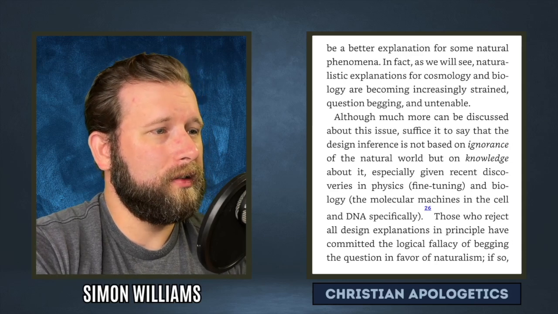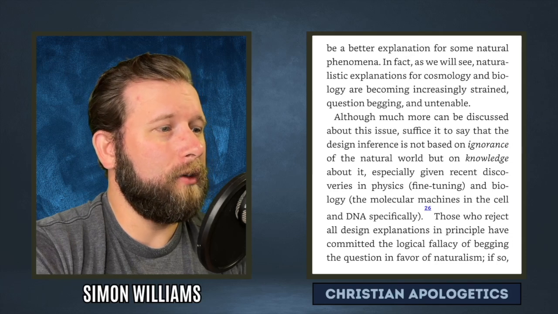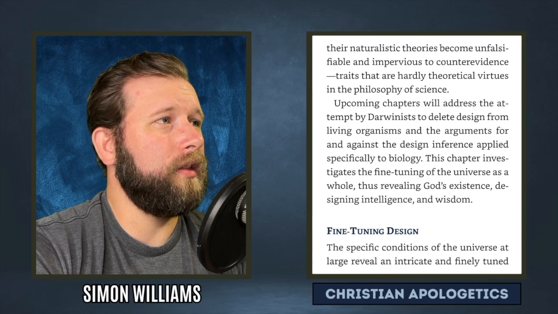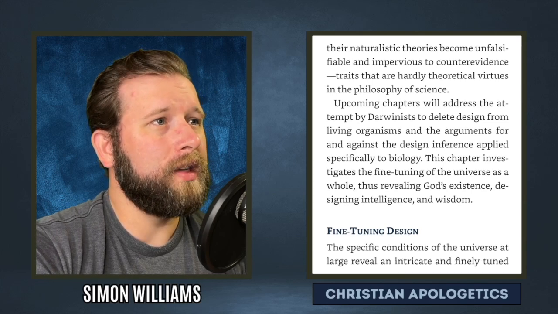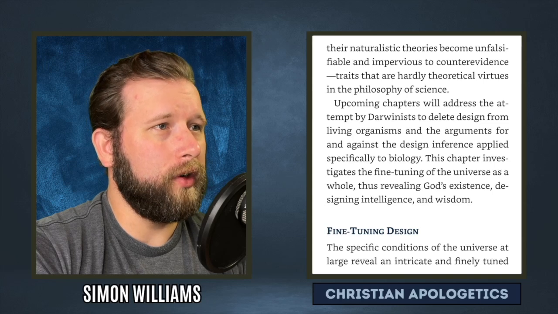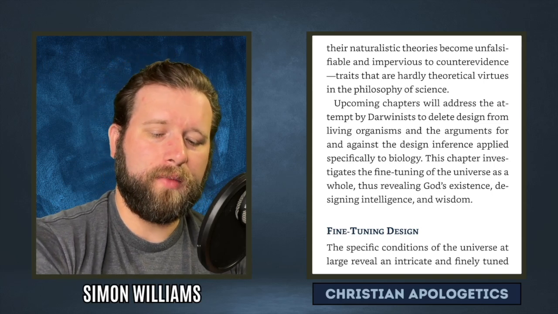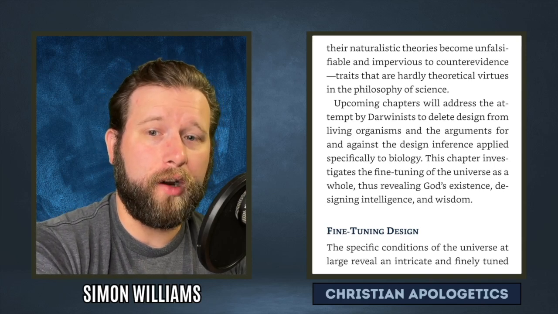Those who reject all design explanations in principle have committed the logical fallacy of begging the question in favor of naturalism. If so, their naturalistic theories become unfalsifiable and impervious to counter-evidence, traits that are hardly theoretical virtues in the philosophy of science. Yes, naturalism itself, if it actually is true, is unfalsifiable and it's also unverifiable.